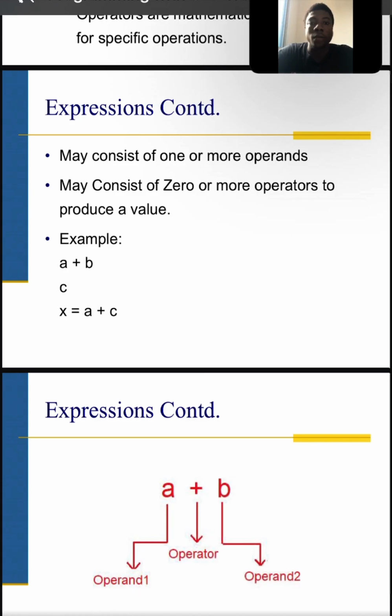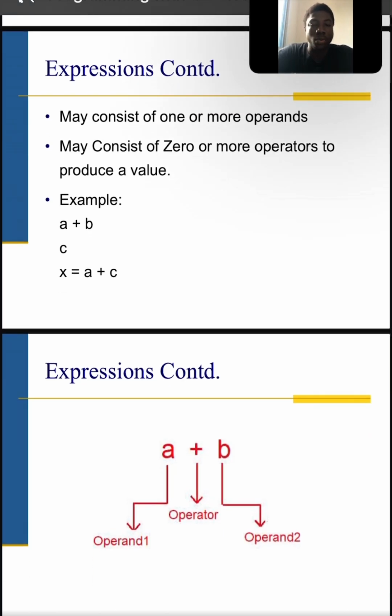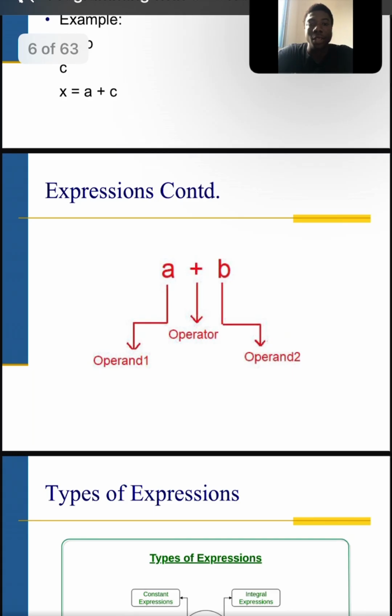We'll start with the types of expression. If all operands are integers, the expression is called what? Integral expression. For example, 2 plus 3 is equal to 5.